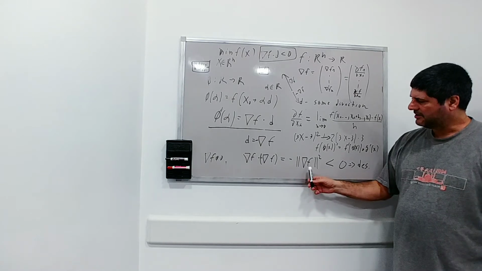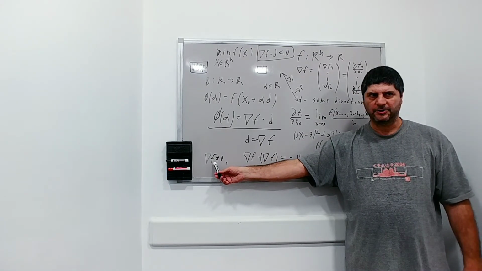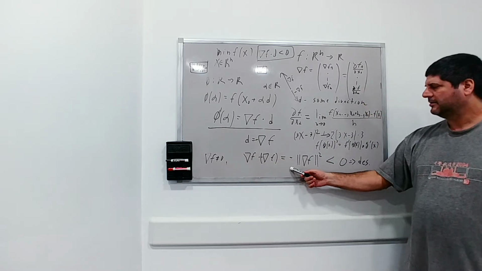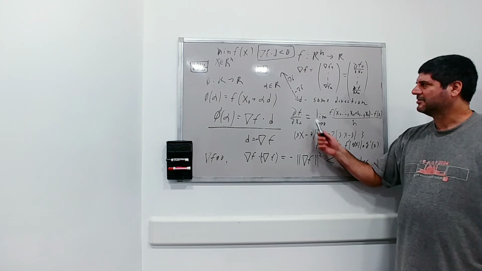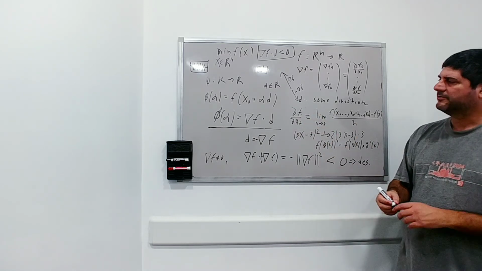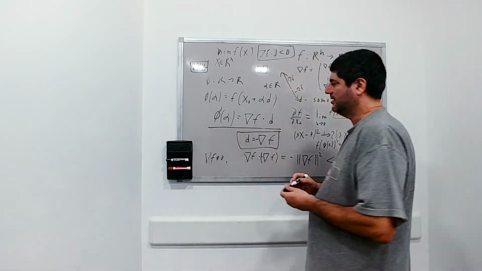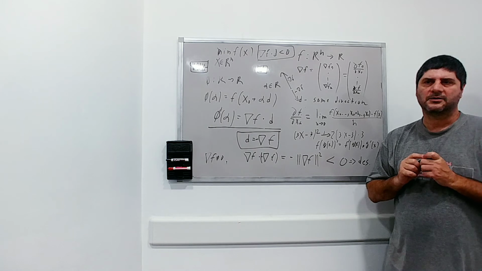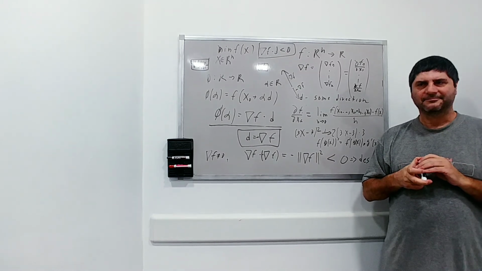So in this case, if at the point the gradient doesn't vanish, then this is negative, so it's a descent direction. So we're going down. That's one of the ways to proceed, to take this direction, and that's actually the steepest descent methodology.